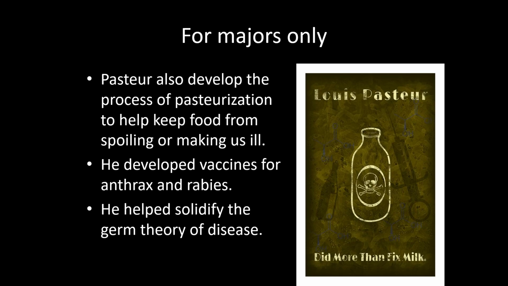So it prevents spoilage. He also helped to develop a fair number of vaccines, some of which are still in use today. And with Koch, they both came up with the germ theory of disease, which showed that, again, if you got a disease, it wasn't because God hated you. It was because you were contaminated with something and you developed a disease because of that contamination.